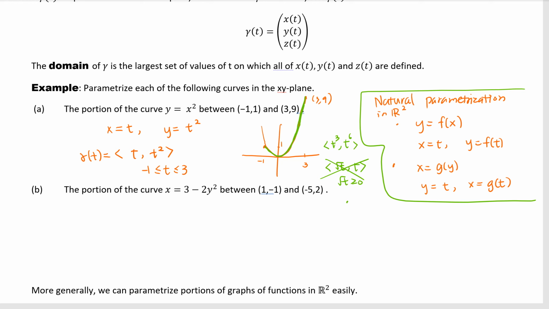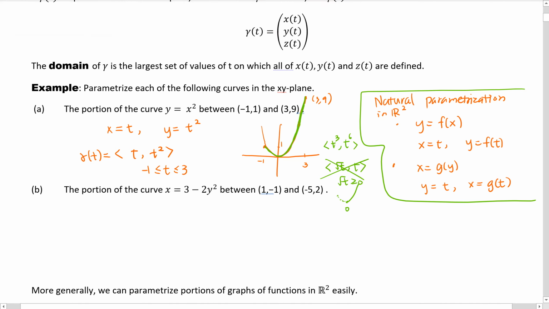You only get from 0 to 3, 9. You cannot reach the piece from minus 1, 1 to the origin. So you have to make sure the curve it traces out really reaches the pieces. Be careful with that. Let's continue.